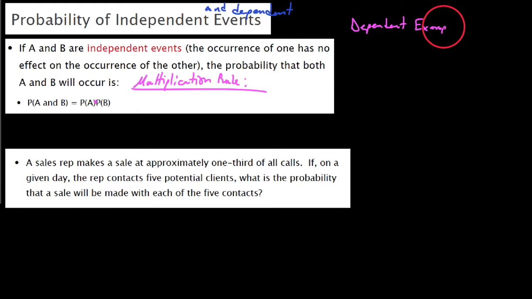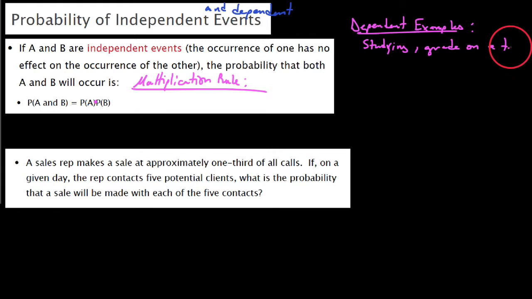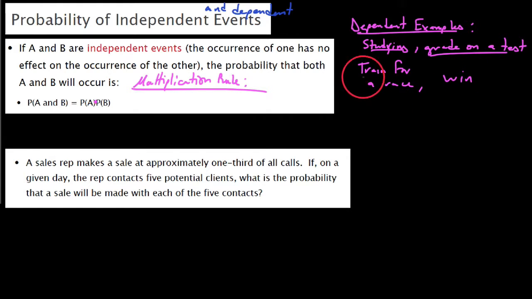I suppose if you were to look at two things that are occurring in sequence, I would say studying and then grade on a test. If you were to study, it would affect the probability you get a better grade on your test. Or if I were to say train for a race and the probability that I win, doing more of this is probably going to affect this probability here.